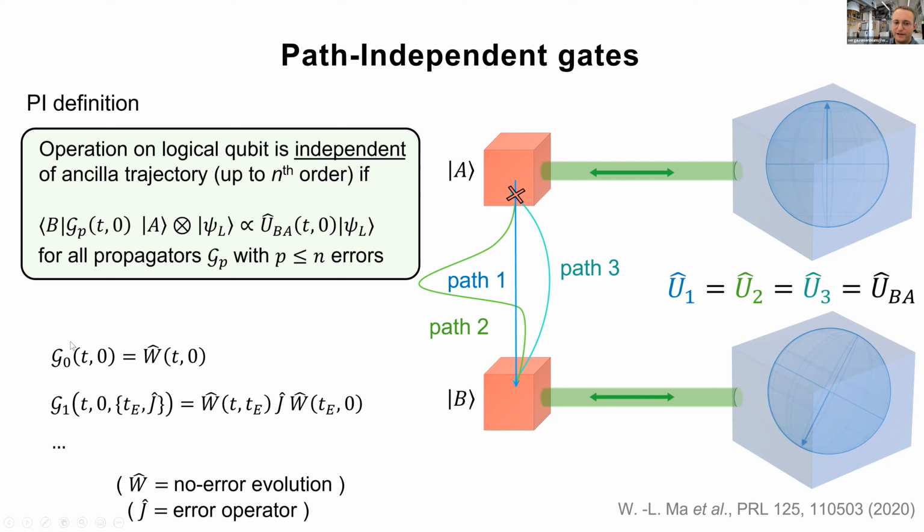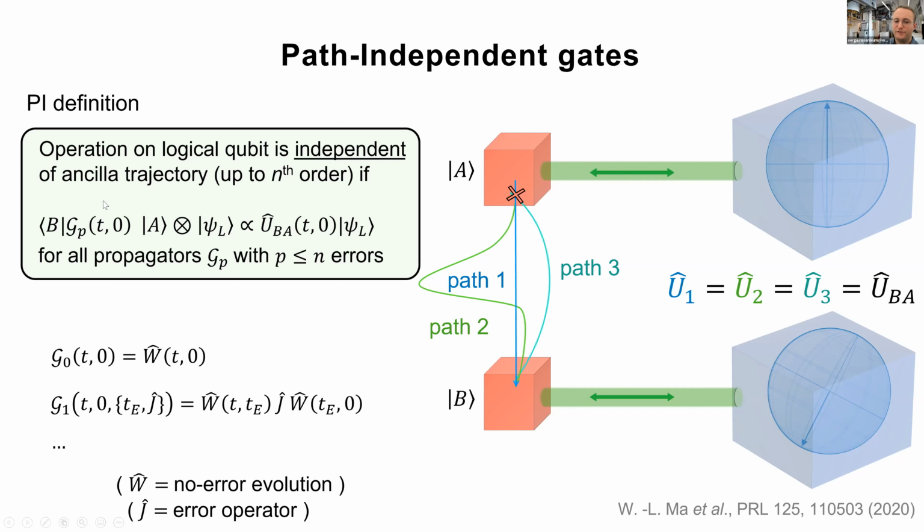A bit more formally, we can write down the propagator, G_P. This G_P is a propagator on the system for a total of P errors on the ancilla. To give an example, G_0 would be the error-free propagator on the system, and G_1 would be error-free propagation until a certain time, followed by an ancilla error, and then for the rest, you again have error-free propagation, and you can go on.